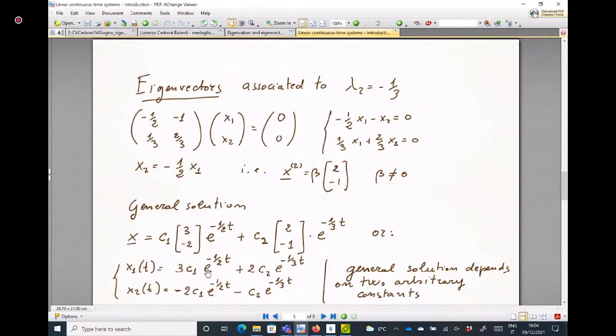So they will both explode. But what is important is that if all the eigenvalues are negative, we have stability.